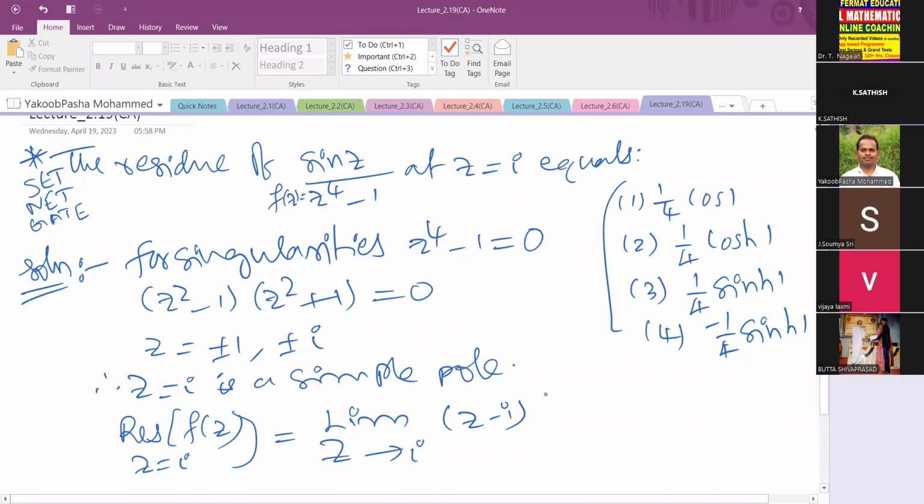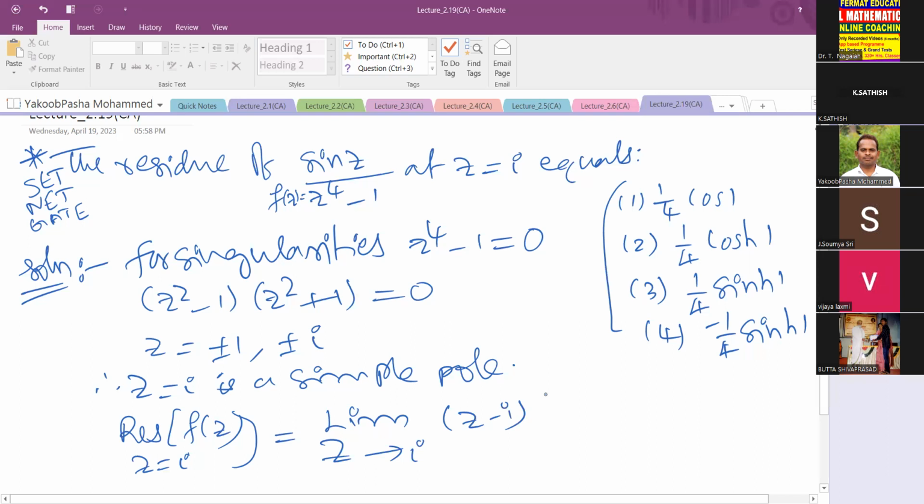So z power 4 minus 1 can be written as z square minus 1 into z square plus 1, and z square plus 1 can be written as z minus i into z plus i. Here z minus i will be cancelled.